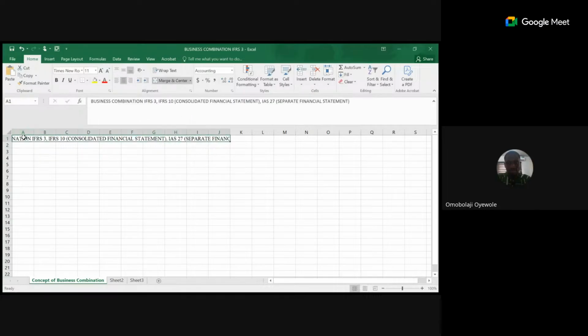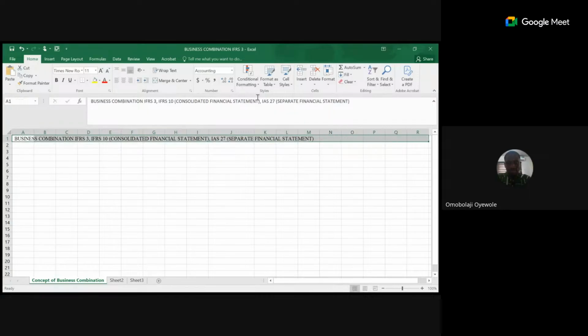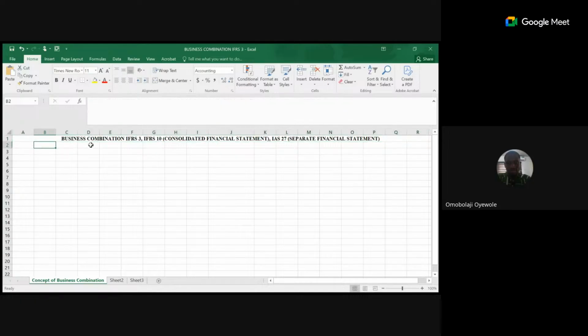So, there is a role of IAS 27, there's a role of IFRS 10, there's a role of IFRS 3, but the overall concept of everything starts from business combination. So let's start.